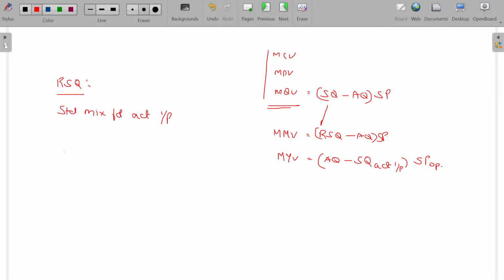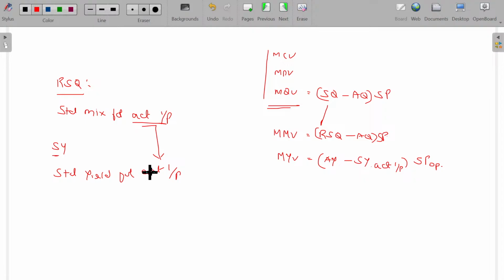So, actual yield minus standard yield. Actual yield minus standard yield. Yeah, actual output minus standard output. Here standard yield in this case is nothing but what? Standard yield for actual input, this one.